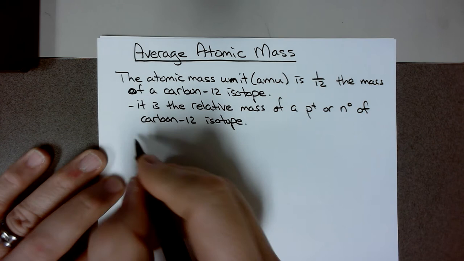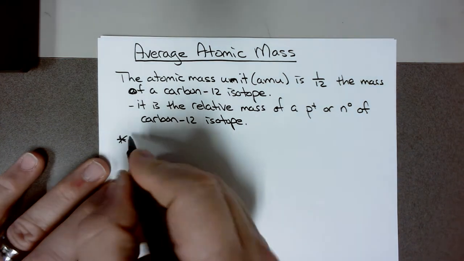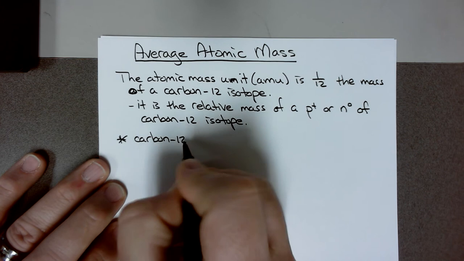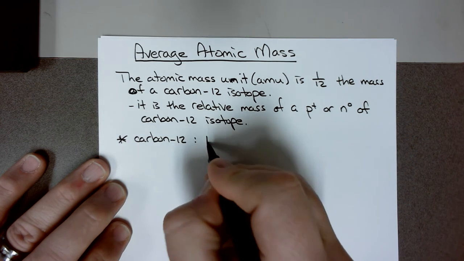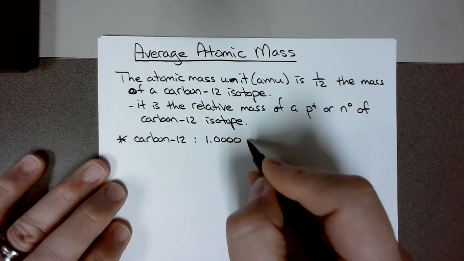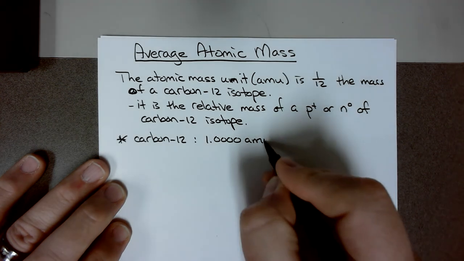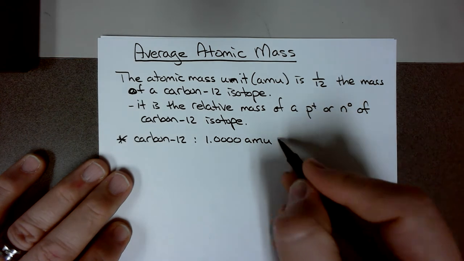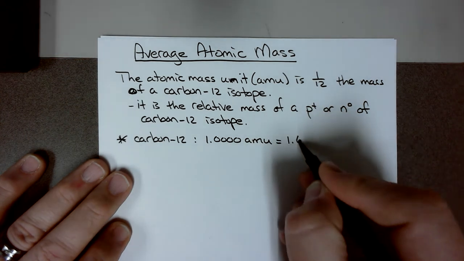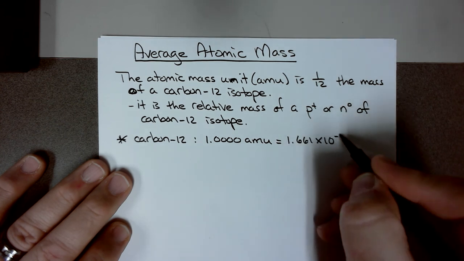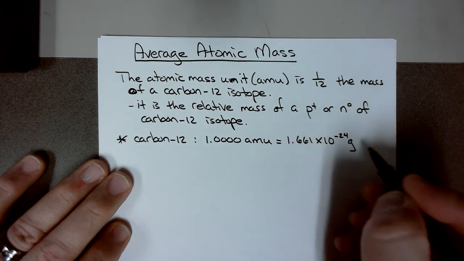So officially, carbon-12 is 1.0000 AMU. So the proton or neutron of a carbon-12 is 1.000 AMU, which is equal to 1.661 times 10 to the negative 24th grams.